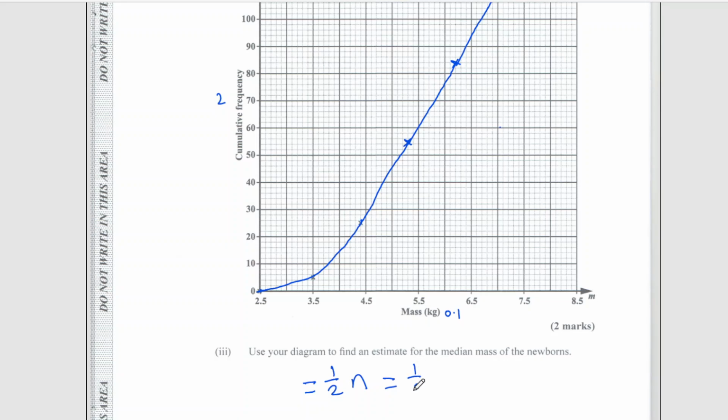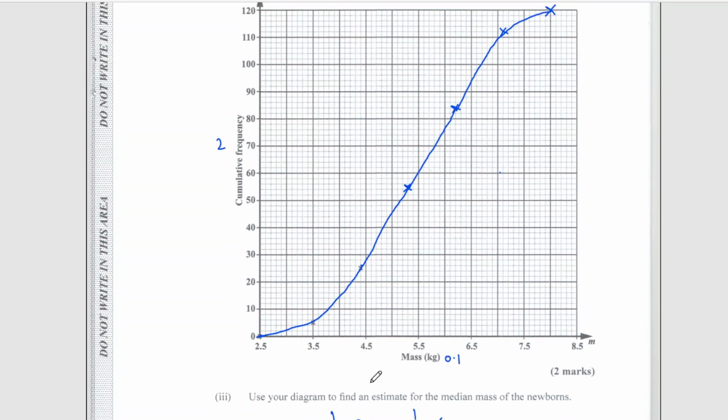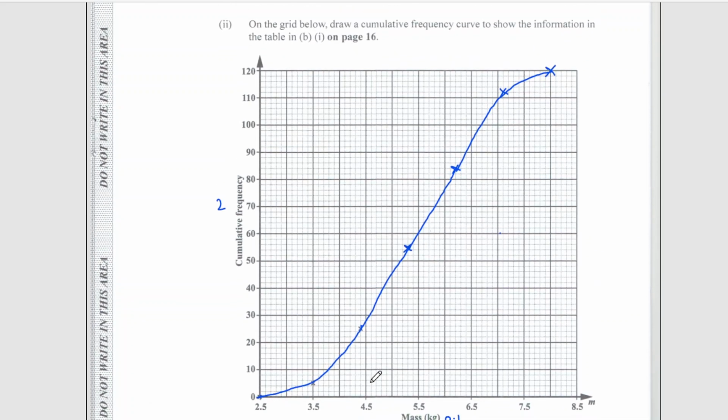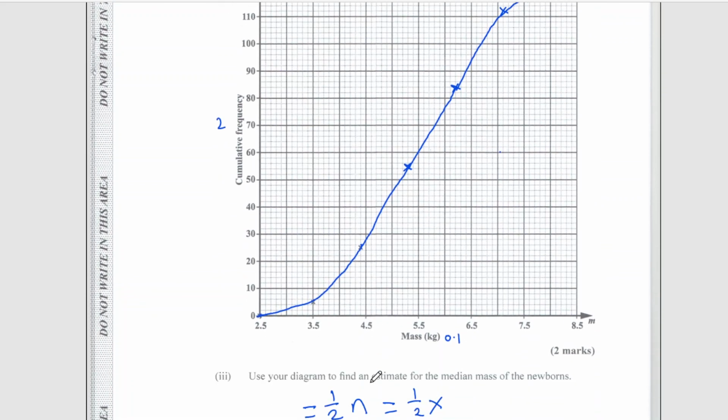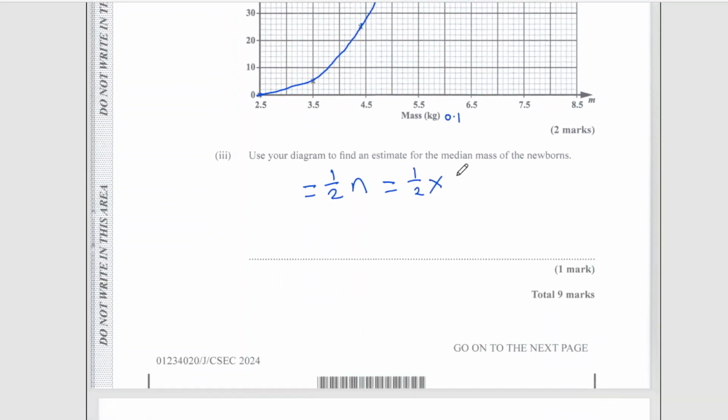So it is a half multiplied by n. N is what? N is the total frequency. So in this question, the total frequency was 120. So it's a half multiplied by 120, which is 60.